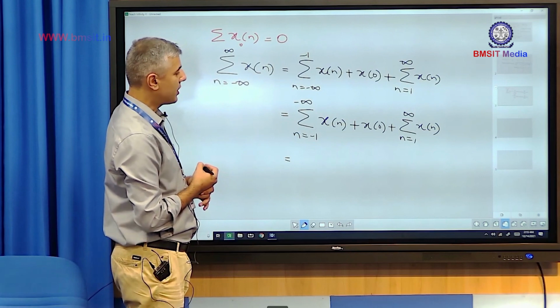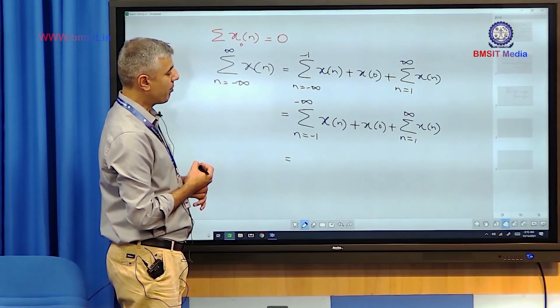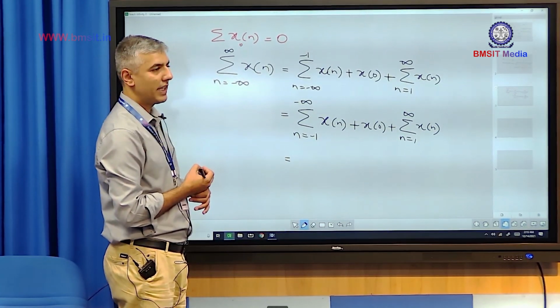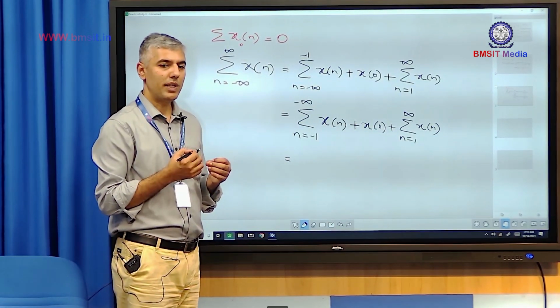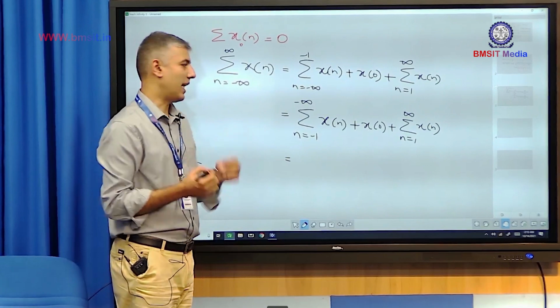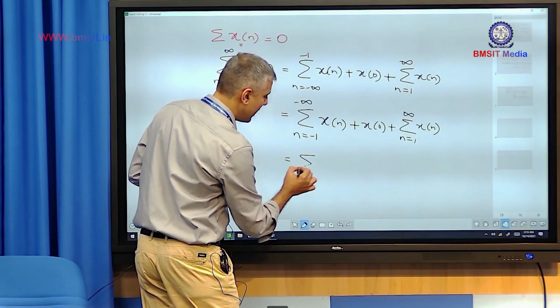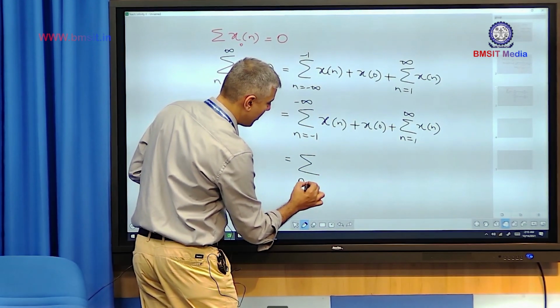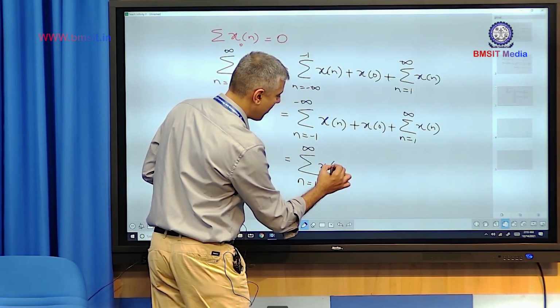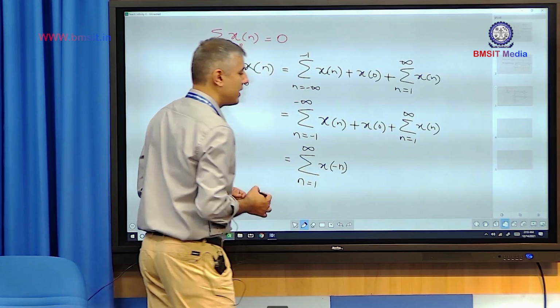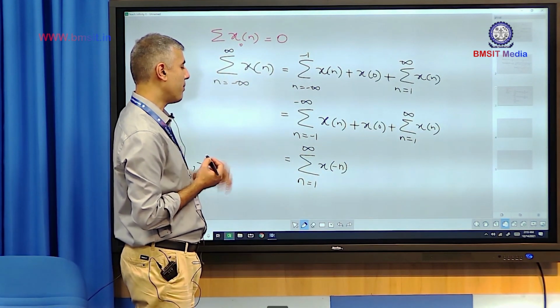Instead of having n from minus infinity, let us have the negative term being reflected with n. So I can consider this as n is equal to 1 to infinity itself, but here I shall have minus n. Instead of having plus n, I will have minus n.